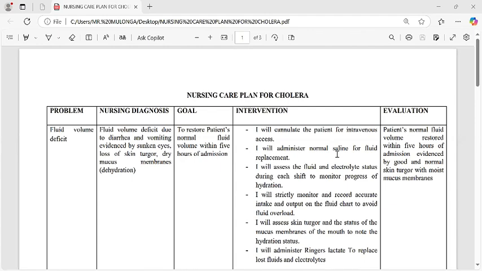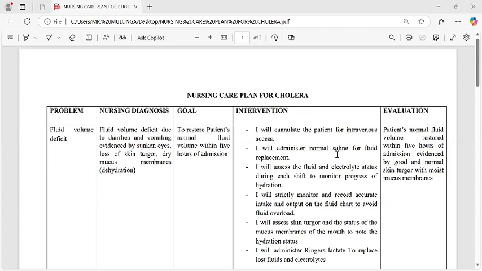We already know that Cholera is one of the infectious conditions that we have, and is caused by a bacteria known as Vibrio cholerae, of which the mode of transmission is the orofecal route. From there, we're going to go into the nursing care plan for our condition, which is cholera.